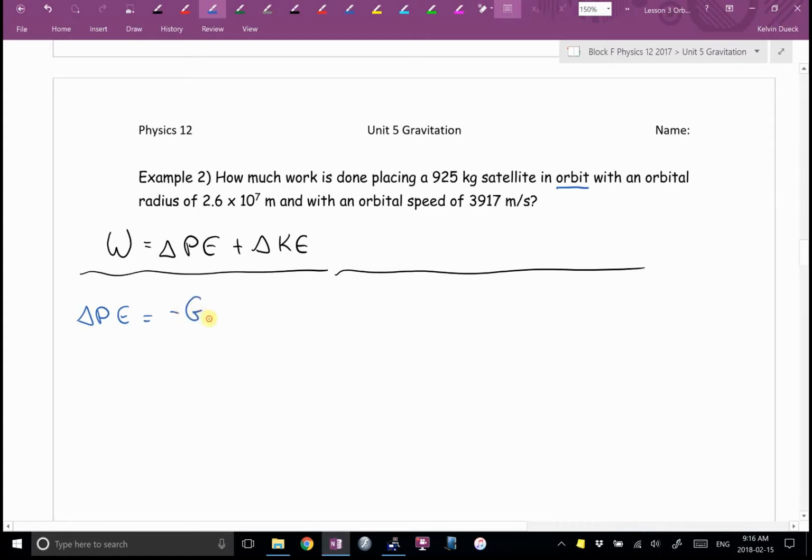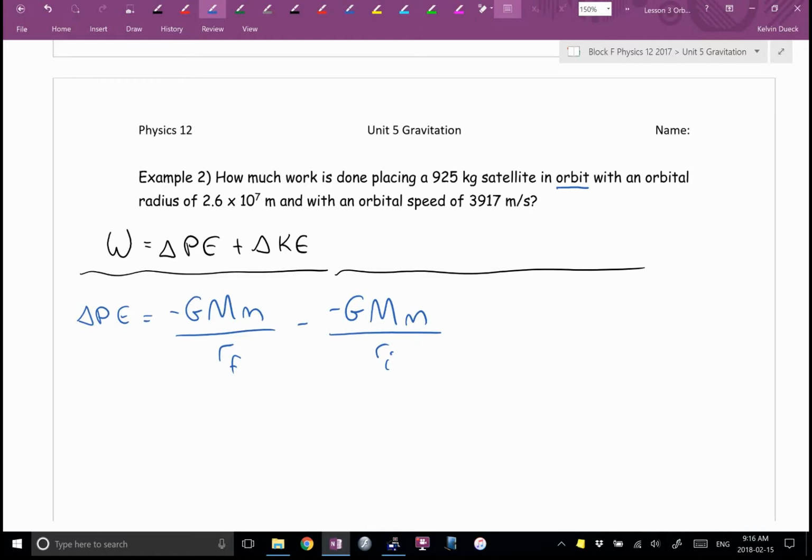Negative big G, big M, little m over our final, minus negative big G, big M, little m over our initial. There's my final minus initial. There is a little minus in the middle, which is going to become a plus. We'll get that in a second.